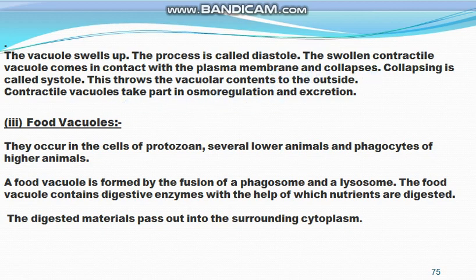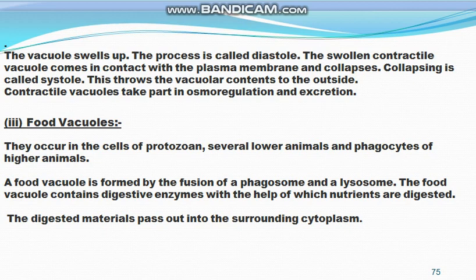So what happens when the vacuole swells up? Then it comes in contact with the plasma membrane of the cell, and then this swollen contractile vacuole collapses, and this process is known as systole. And then this contractile vacuole throws the vacuolar contents outside, and so the contractile vacuole takes part in osmoregulation and excretion.